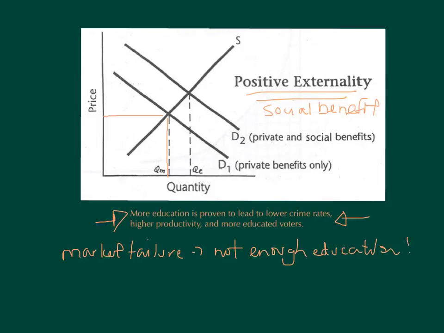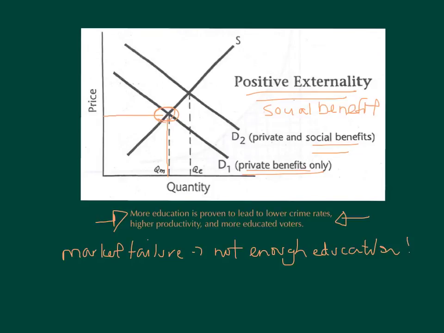Okay? The government does that by factoring in the private benefits. The government looks at the private benefits, which are located at the QM, which is the quantity that the market produces. But the social benefits are much greater. Okay? The socially optimum quantity, price, and quantity is greater than the quantity determined by the market.